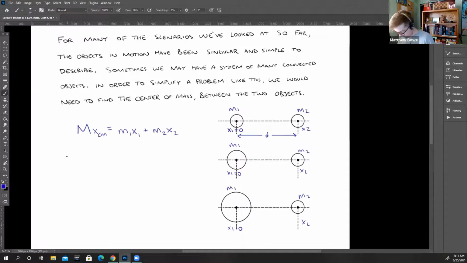And I'm going to say where this capital M is just the total mass of whatever I'm looking at. So whatever the system is, that's the total mass, m1 plus m2.